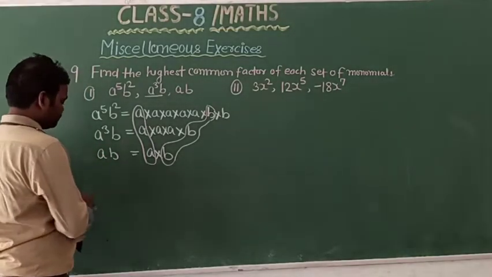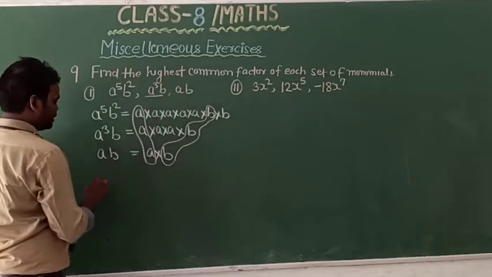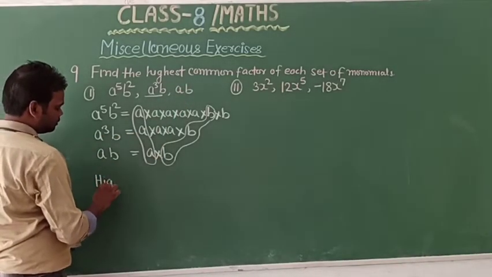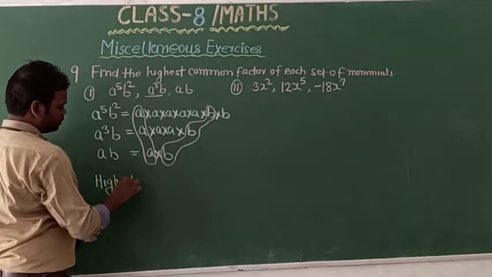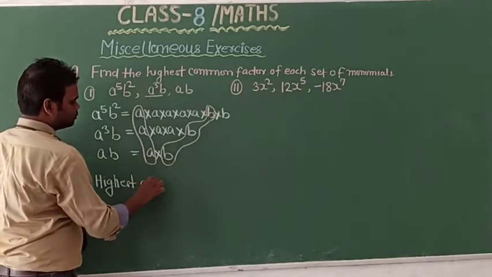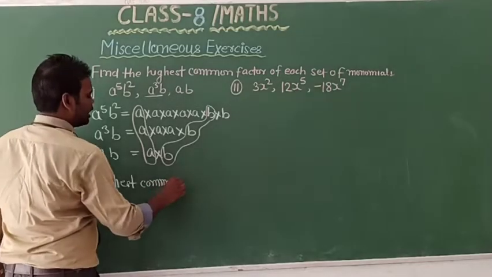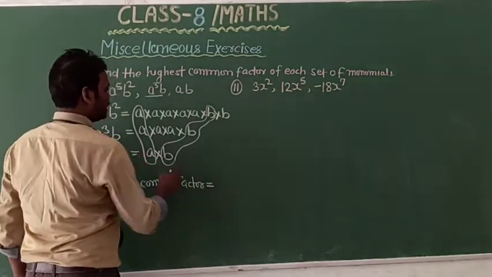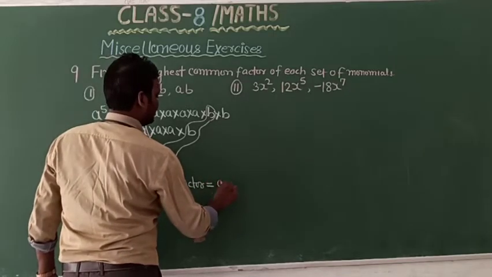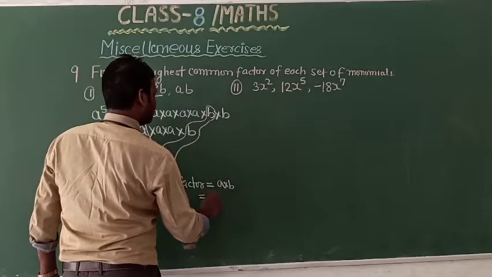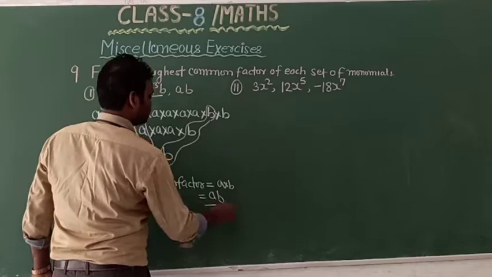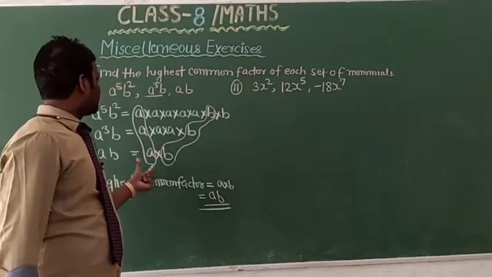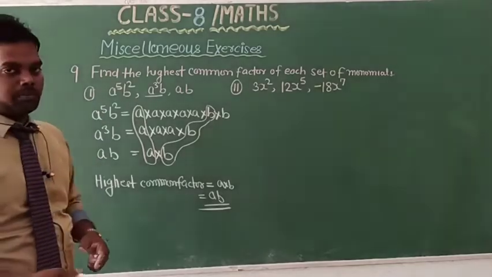So therefore the highest common factor is equal to a into b, which is equal to ab. So this is the solution of the first part of question number 9.